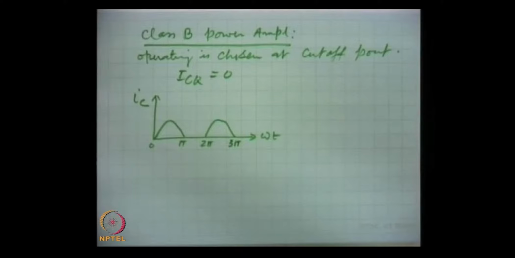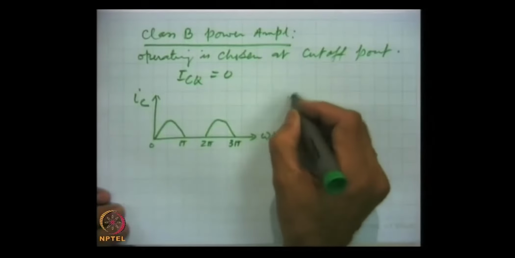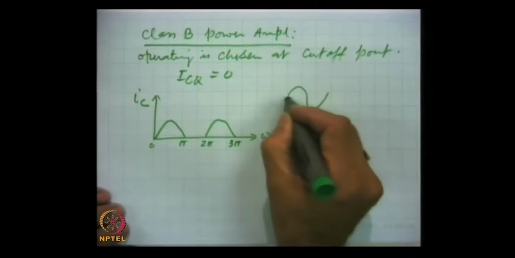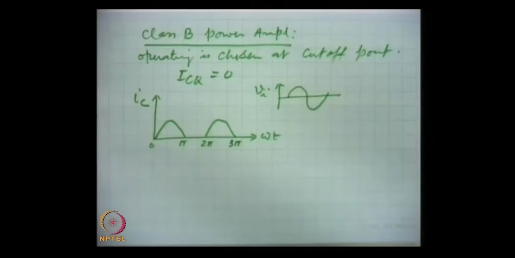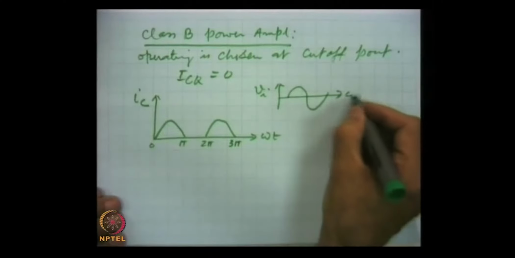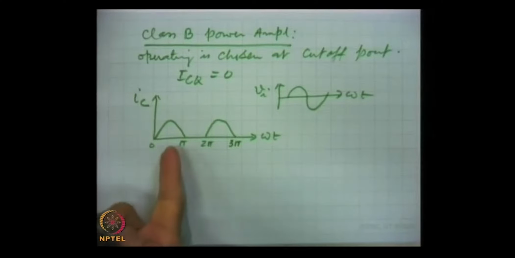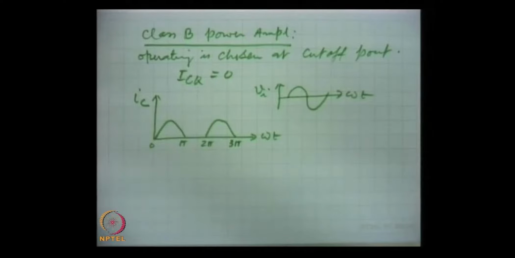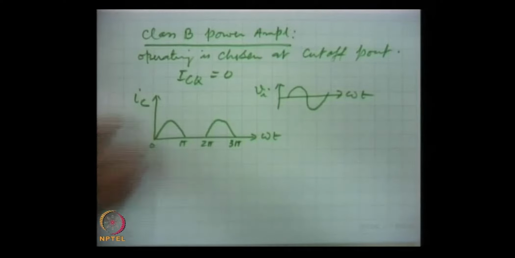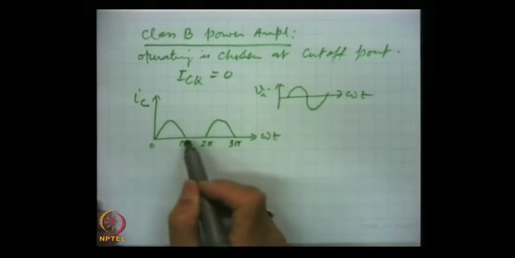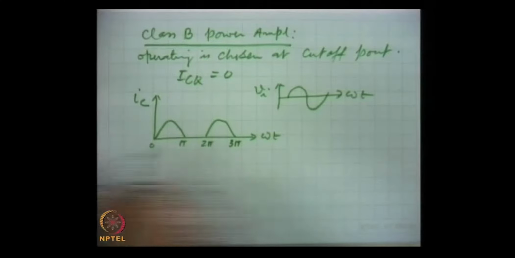So, when the input signal is this, the output will be like this. Now, this is highly distorted. This indicates that half of the information will not be there in the output.